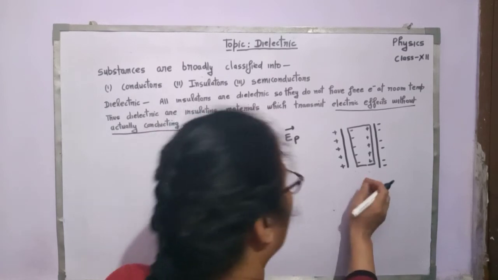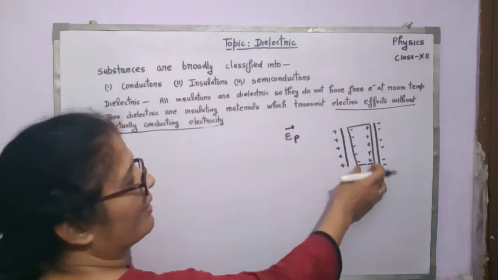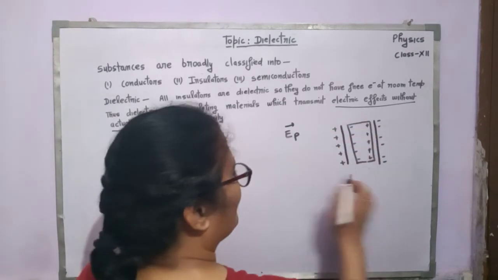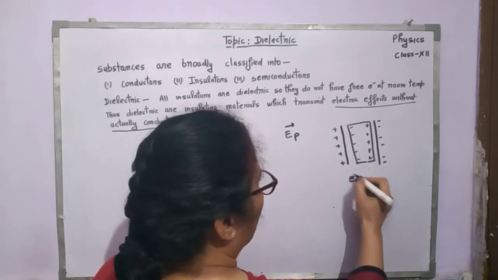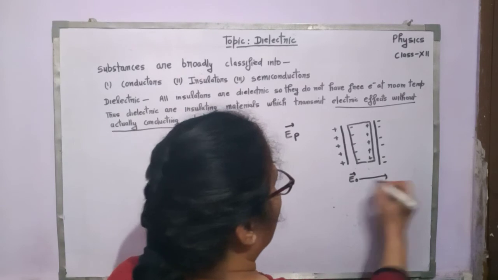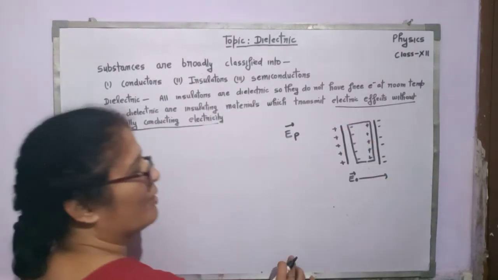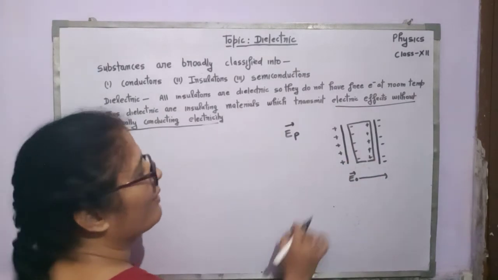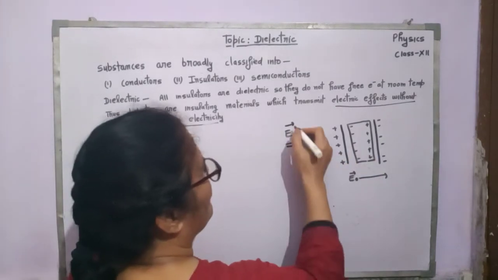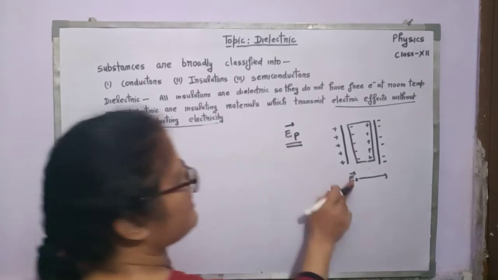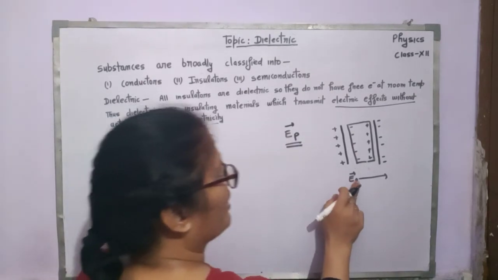So what is the value of the electric field inside the dielectric? In the absence of the dielectric, the electric field is E naught and its direction is this way. Now, when the charges are induced on the opposite faces of the dielectric, the induced electric field, that means the polarized electric field, is this one and its direction is opposite to E naught.